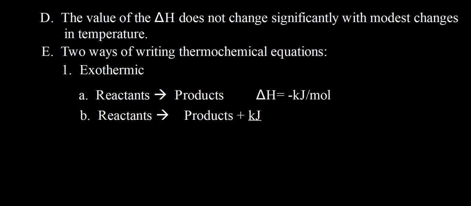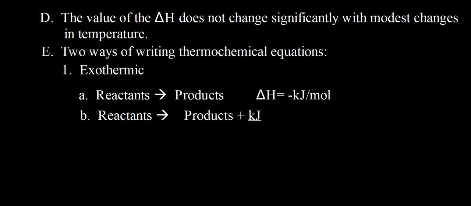All right, there's two ways of writing thermochemical equations. One way is to include the energy associated with the reaction as a delta H value. The other way is to include the heat term, it's called, the energy involved in the reaction, in the equation itself. So let's start with exothermic reactions.